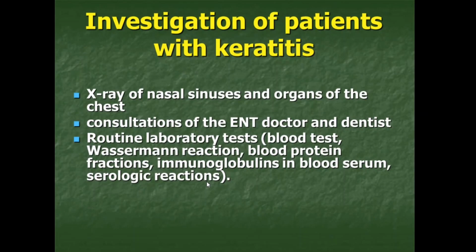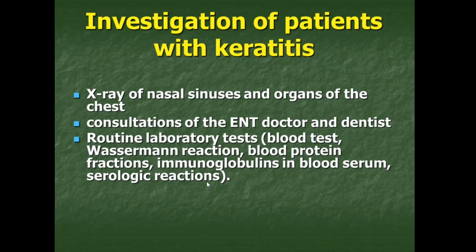When we see a patient with keratitis, we can make a thorough investigation of such a patient. We should try to find the cause of this keratitis. That's why we should make an X-ray of the nasal sinuses and the chest organs.